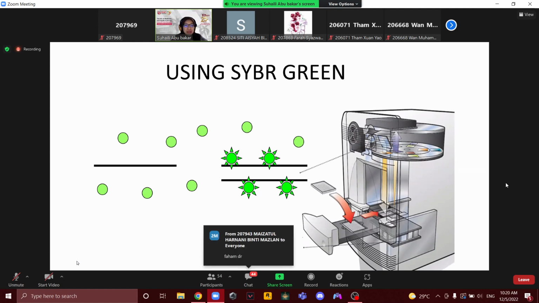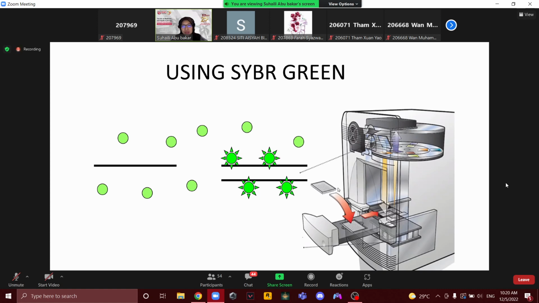Okay, so this is SYBR Green. Direct, yes, very easy. Usually many laboratories use this method of detection, SYBR Green, after amplification. You can see the PCR tubes in a plate. We call this high throughput.